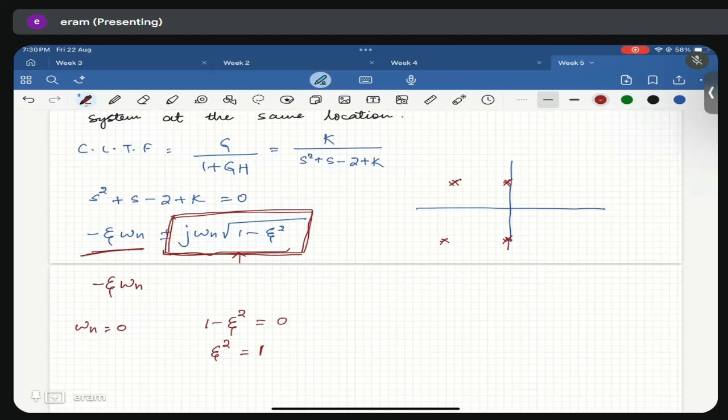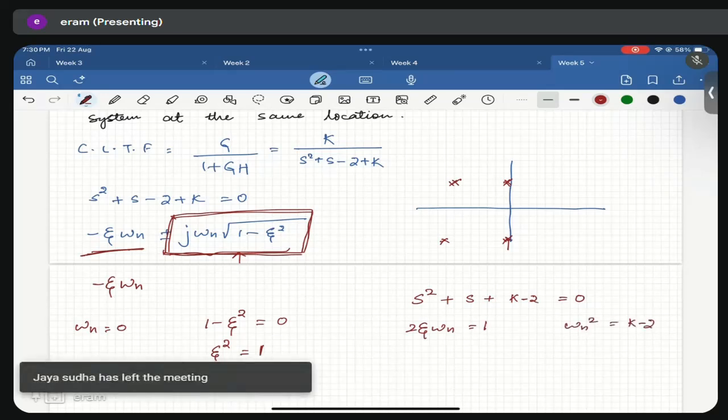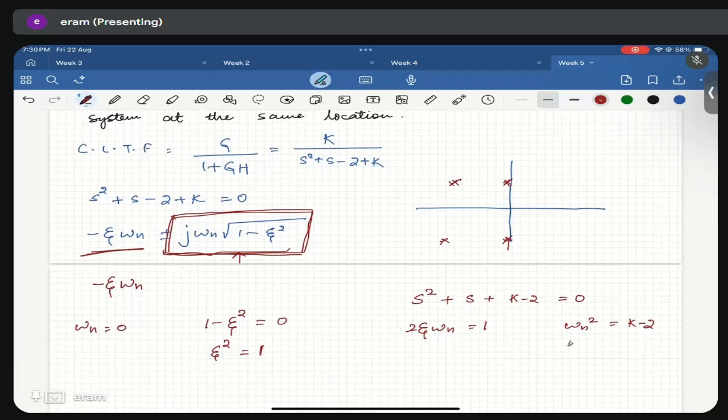So the condition is zeta square should be 1. Now what is zeta for our system? Our characteristic polynomial is s square plus s plus K minus 2. So 2 zeta omega n is 1 and omega n square is K minus 2. So omega n is under root K minus 2.